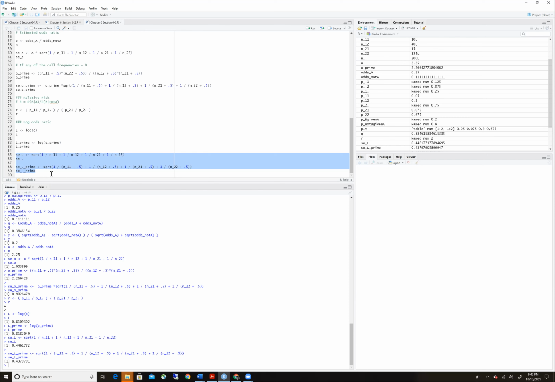That will guarantee that I get numbers in the space that I would like, rather than creating confidence intervals just based on our O prime and our standard error of O prime. So the general sense of what you're going to do is start with the log odds ratios, and then exponentiate at the end of the day. So I hope you learned something today, and that's the completion of section 6.3.